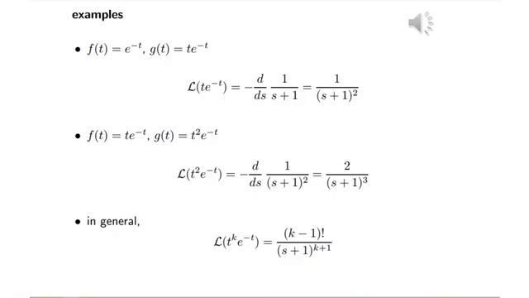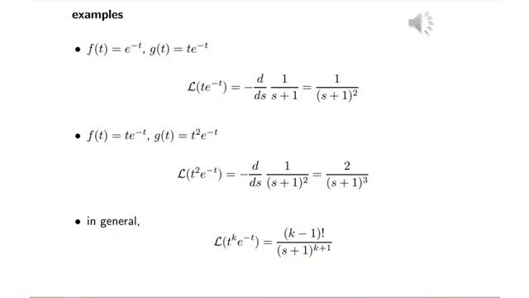As we know, the Laplace transform of t times e raised to power minus t is 1 over s plus 1 whole squared. Now it is multiplied by another t, which means it will be differentiated one more time with a negative sign.